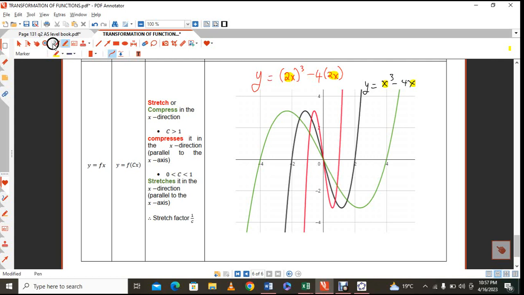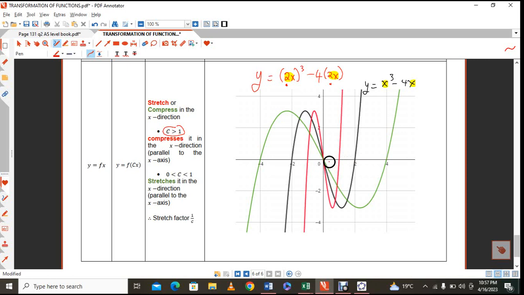So when that happens, let me show you, you can see that 2 is greater than 1. So the graph from the black compresses in the x direction. I hope you understand that.